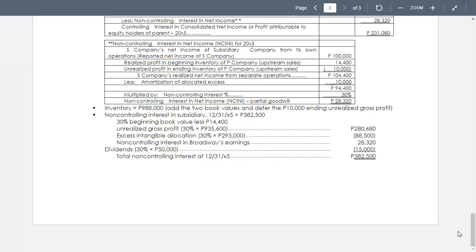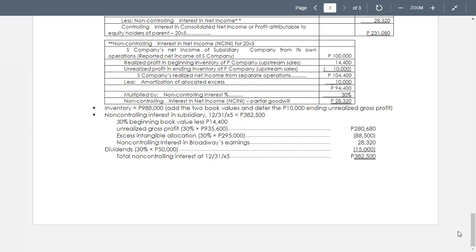Now further, let's try to compute for the realized profit in beginning inventory. How do we compute it? In beginning inventory, we have the sale from parent to subsidiary. In other words, we have a downstream sale. So realized profit in beginning inventory, as we have added it to P company's net income.